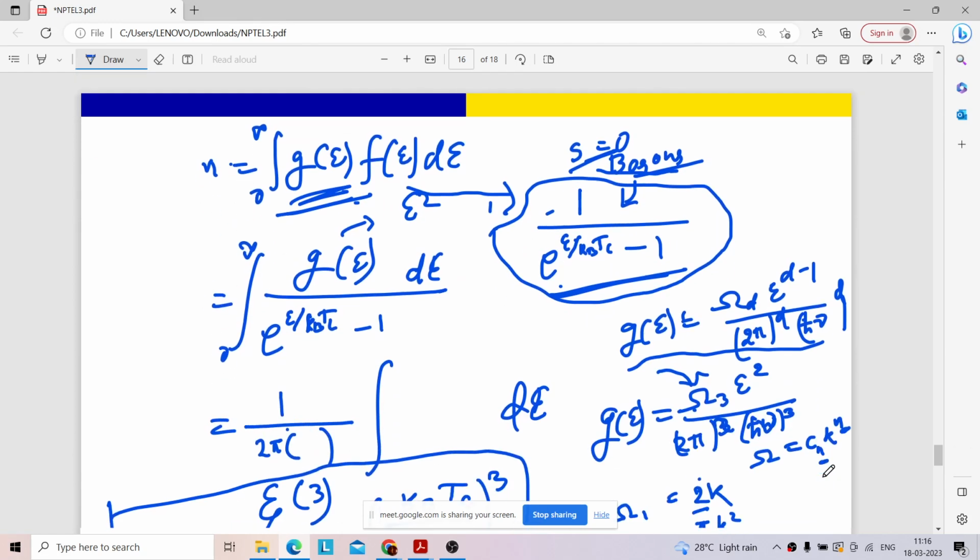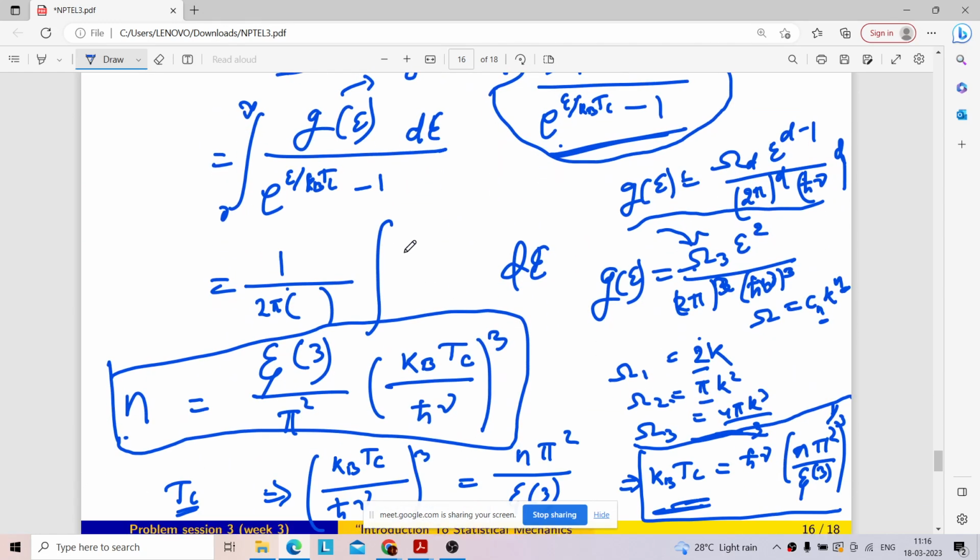Then you do the integration. Getting a zeta function by doing manual integration is hard. You can put this in some program, then you will get this form for the number of particles, and from that you can calculate the critical temperature, right?